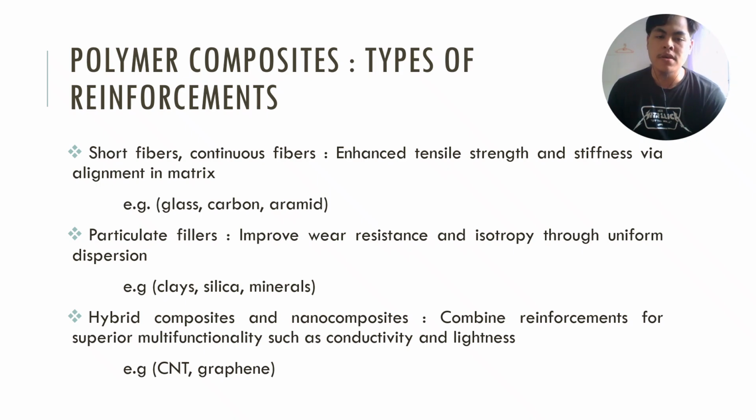For instance, clays, silica, and minerals. The third one is hybrid composite and nanocomposite, which combine reinforcement for multifunctionality such as conductivity and lightness. For example, CNT and graphene.